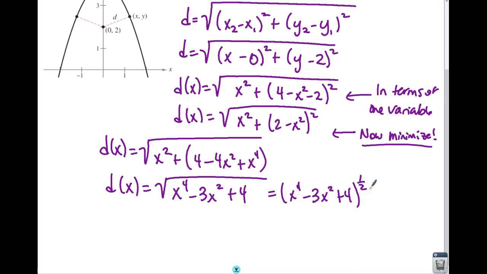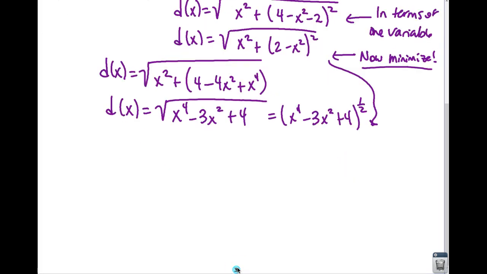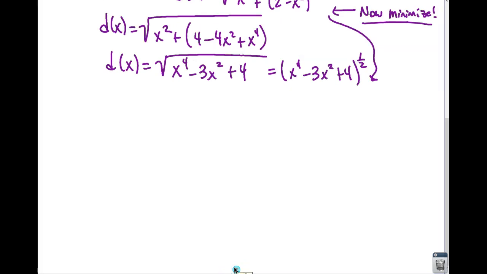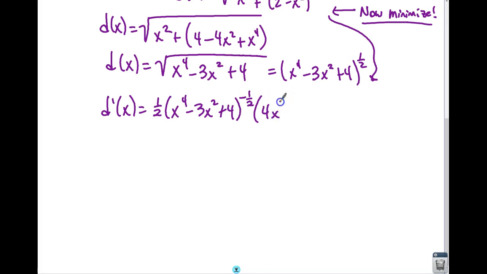Okay, now I can minimize. So to minimize this, d prime of x, I've got 1/2 times x to the fourth minus 3x squared plus 4, to the negative 1/2, times the derivative of the inside, which is going to be 4x cubed minus 6x.